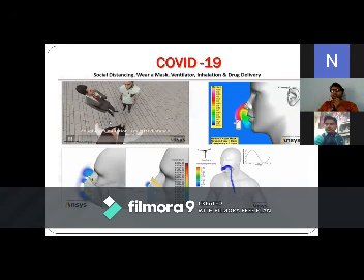When another person stands at 1 meter distance, one person's cough analysis is produced here. So how much velocity does the cough produce? The amount of velocity we can see here in this analysis.